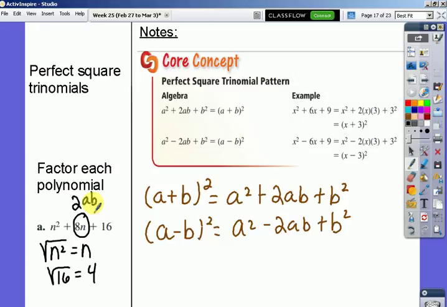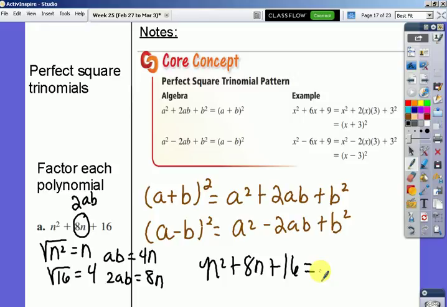So a times b is 4n. Twice that is 8n. The middle term is 8n. Yes, it is. So we see n squared plus 8n plus 16. That is going to factor out to be n plus 4 squared.